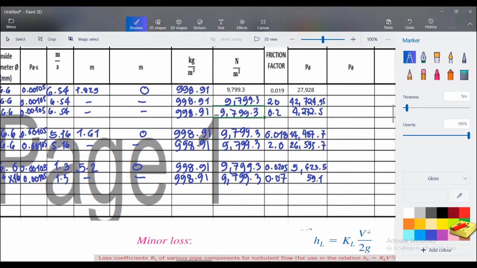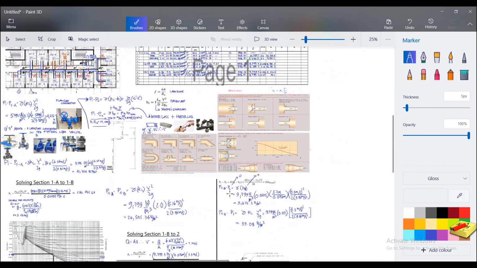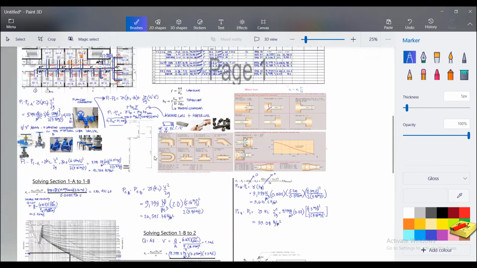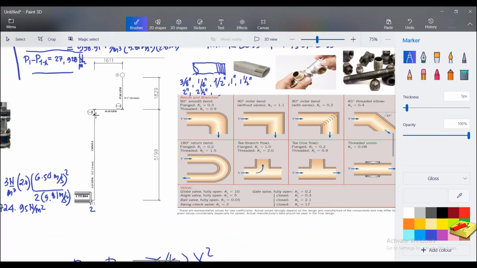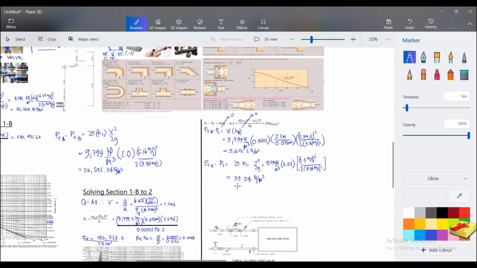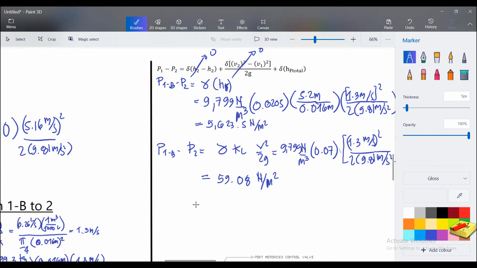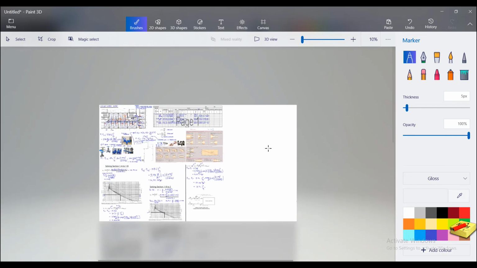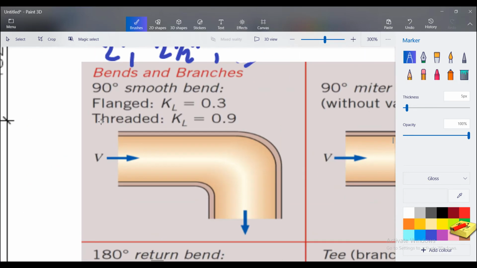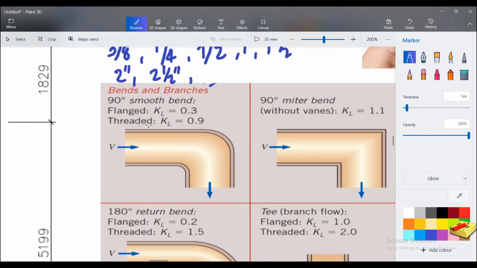Okay. So next, from here you will notice we have your reduction, then we have your elbow here. Okay, so you can add that one. So the same equation, KL times V squared over 2g is equal to, so KL for elbow, so that is a 90 degrees elbow, so we're going to categorize it as threaded, that is 0.9.